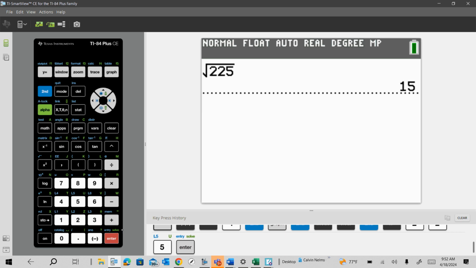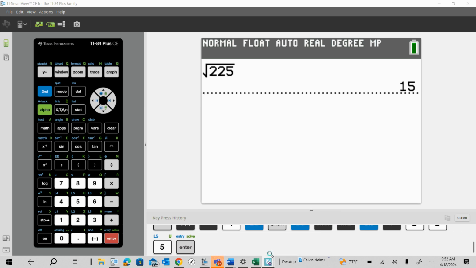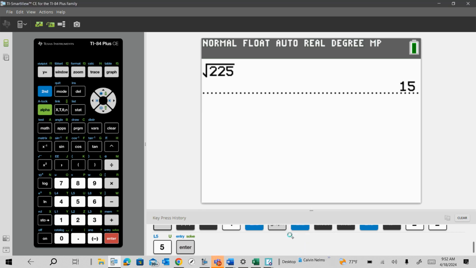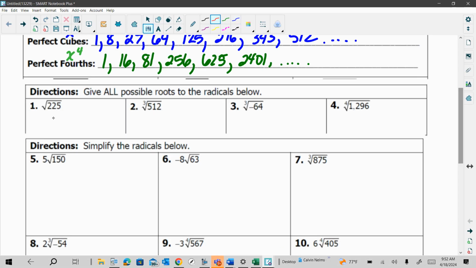If it's not, and you get a decimal, that means you have to simplify it. So, because we're talking about square roots, this will be plus or minus 15. If the index, the exponent we're dealing with, is even, you have a positive and negative answer.